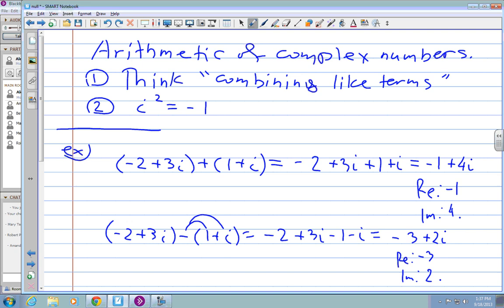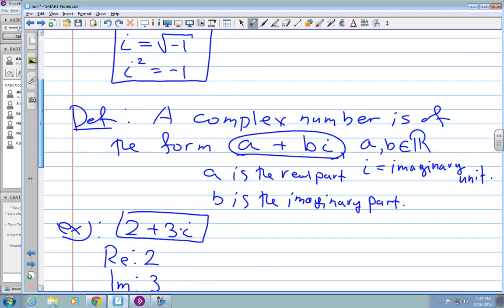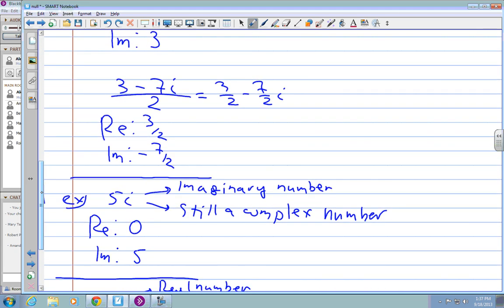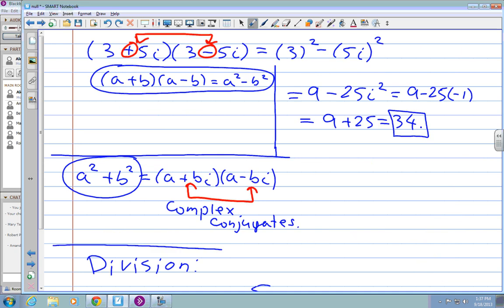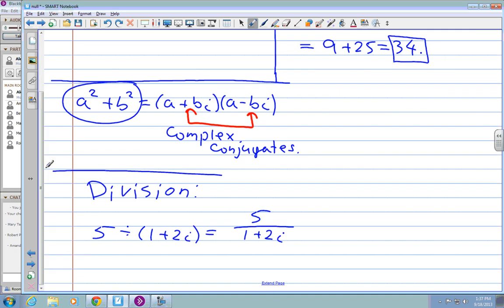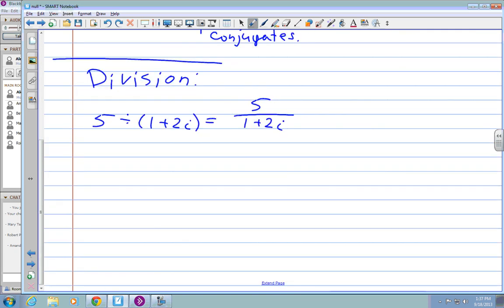Now remember, earlier I gave you this example, (3 minus 7i) over 2, and we had absolutely no problems with that. So when you have a real number in the denominator, life is really good. With me so far? Now ask yourself a question: can you do some mathematical trickery here to make your denominator just a real number?